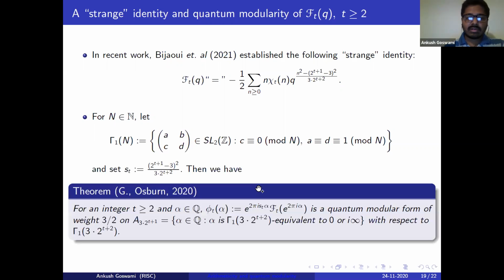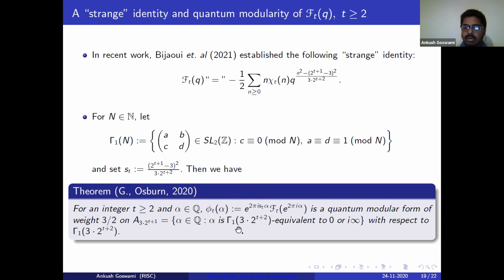Then we have this result that for an integer t bigger than or equal to 2, and if alpha is a rational number, and if you define this function phi_t(alpha) as this factor multiplied with F_t(e^{2 pi i alpha}), then this function phi_t(alpha) is a quantum modular form of weight 3/2 on this set.